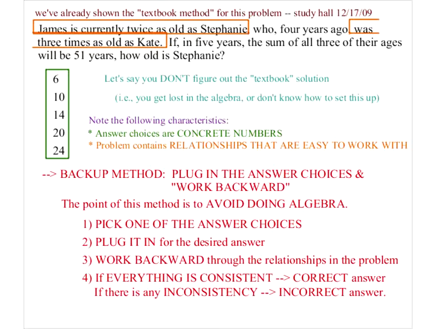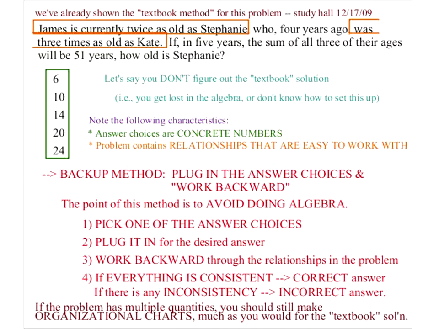Notice you should still note back here on the previous page, if the problem has multiple quantities, this was one point we really drilled home in the 1217 study hall. If the problem has multiple quantities, you should still make organizational charts, much as you would for the textbook solution.